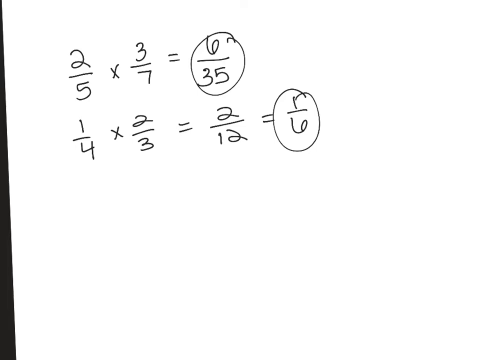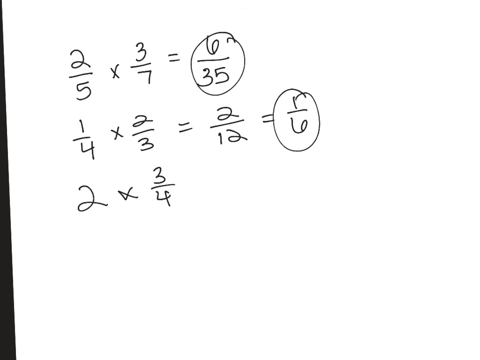Okay, and if we have an integer, let's say we have 2, and we want to multiply 2 times 3/4, we want to change that whole number or integer into an improper fraction. And anytime you have a whole number or an integer, you're just going to put it over 1.